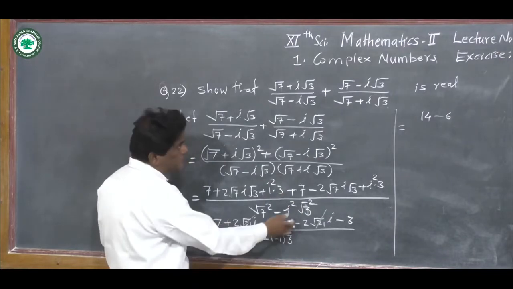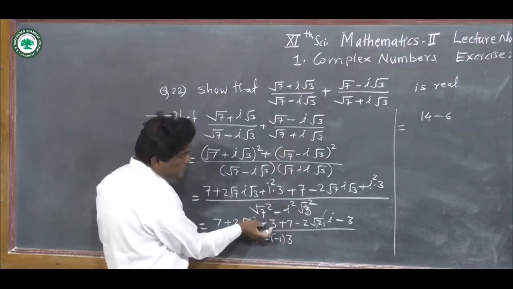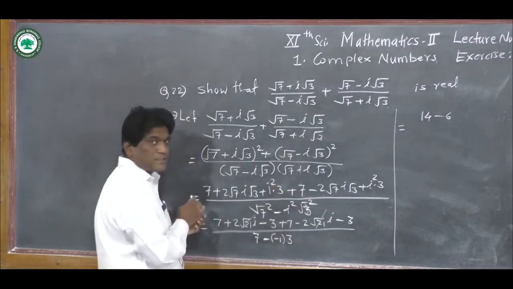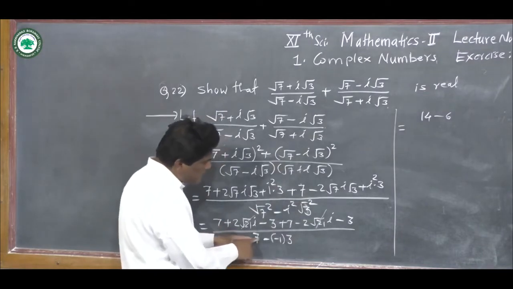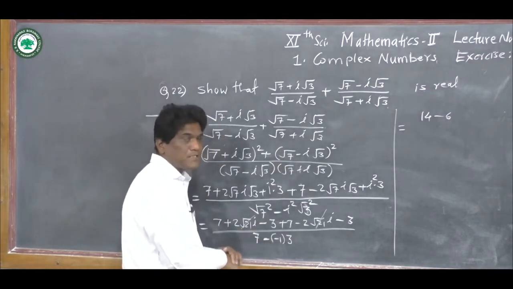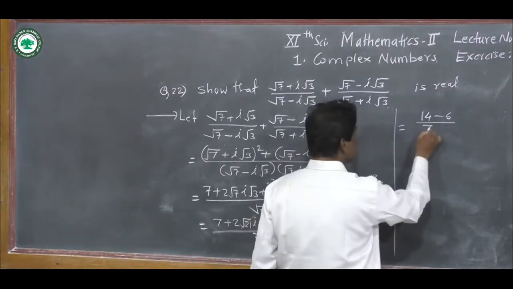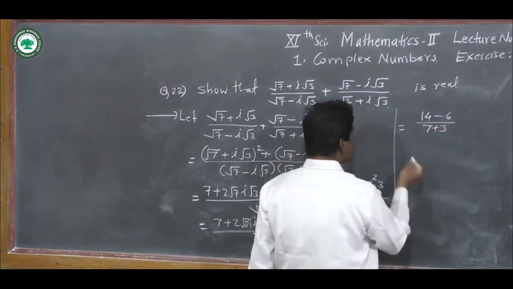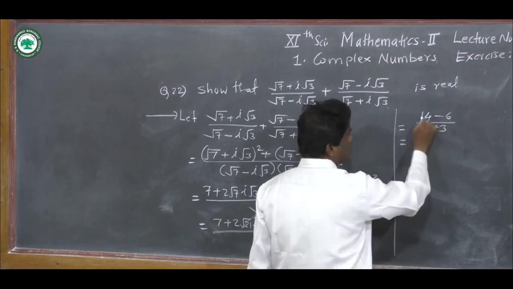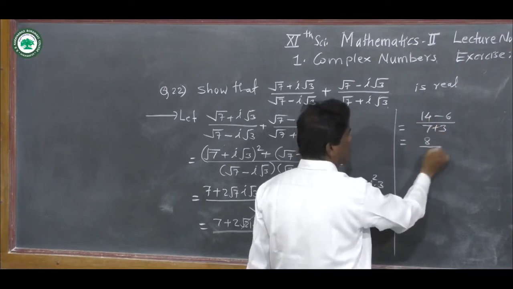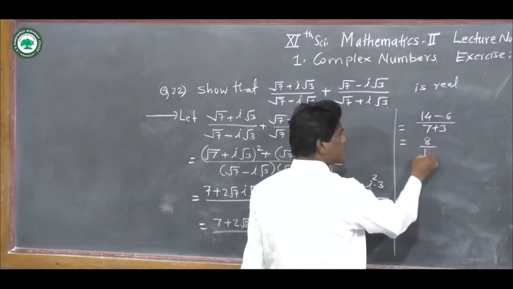So 7 plus 7 is 14 minus 3, 6, divided by 7 plus 3, minus plus. So 7 plus 3 we get like this. So it is equal to 14 minus 6, 8, divided by 10.